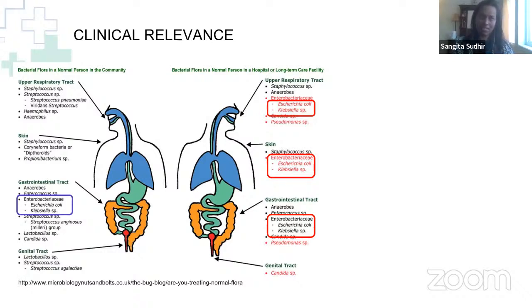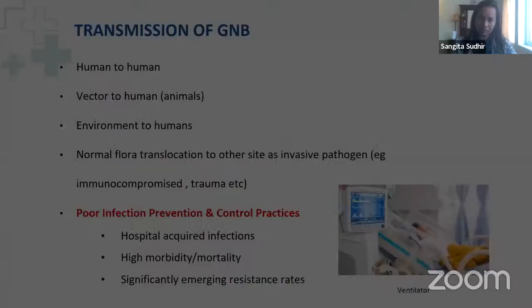E. coli is a normal organism in our body and helps to provide nutrition. But Klebsiella, although it is seen in the gut microflora, is more pathogenic and is usually seen as a pathogenic organism.